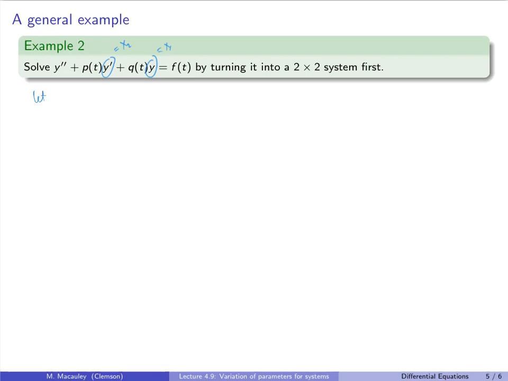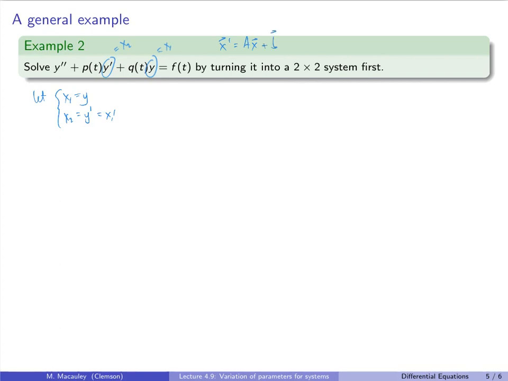Okay, so let's write that down. I'm going to let x1 equal y, and x2 equal y prime, which is just equal to x1 prime, if you prefer. Now this gives us a system, so what we want to do is write x prime equals A x plus b.